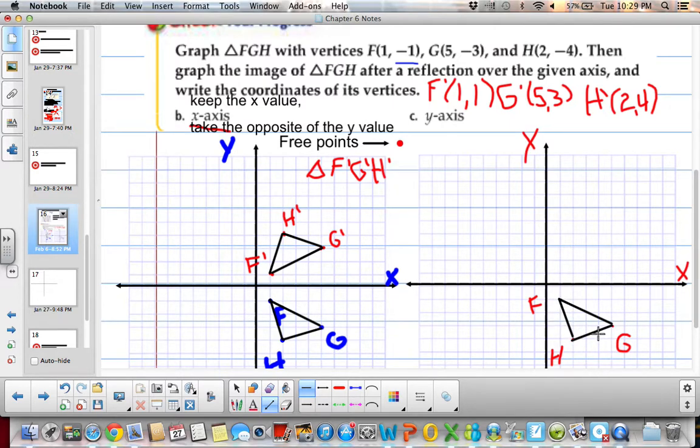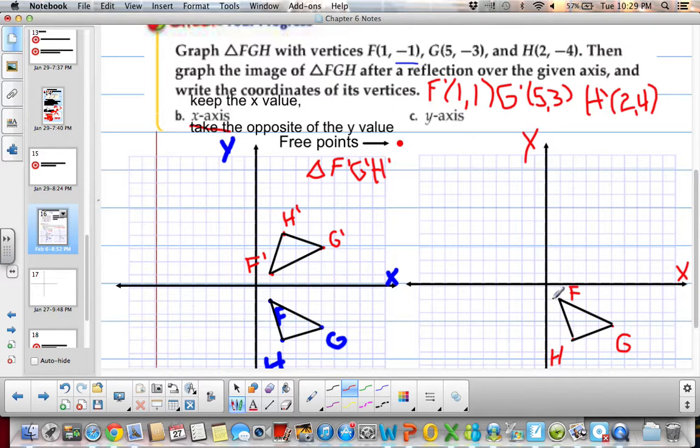So now this time, I'm going to rewrite my F over here since we're going over the y-axis. So now this time, since we're flipping over the y-axis, or we're reflecting over the y-axis, our new triangle is going to be over here. Okay? So we have F is over 1, negative 1.